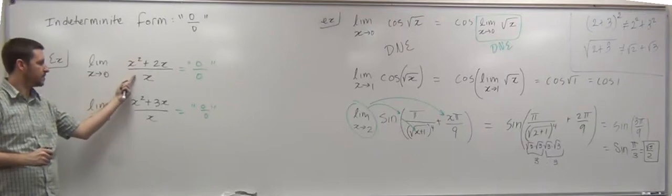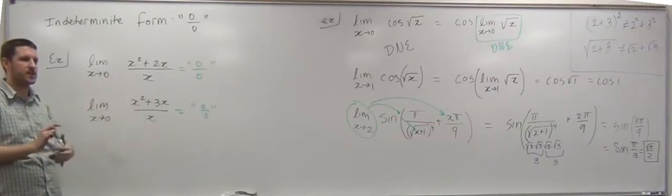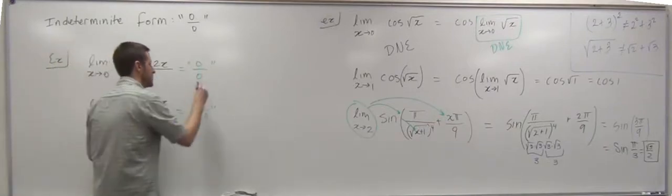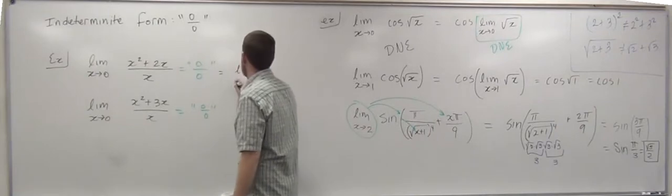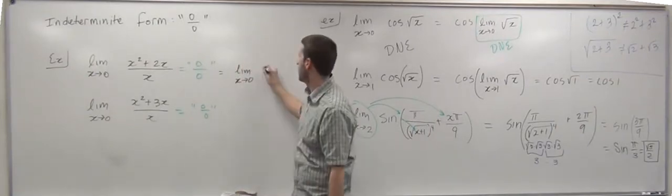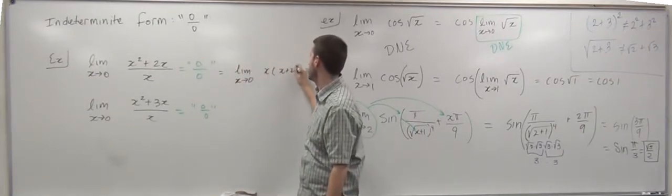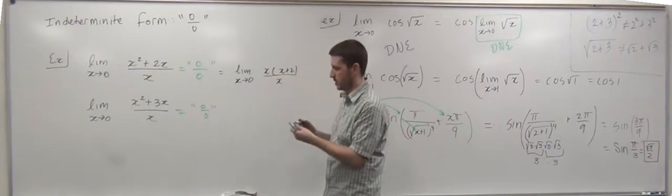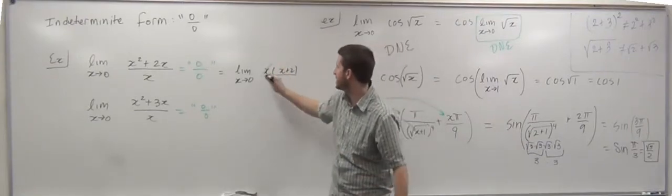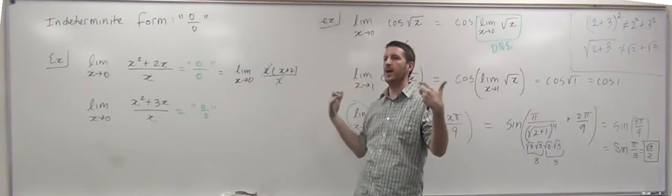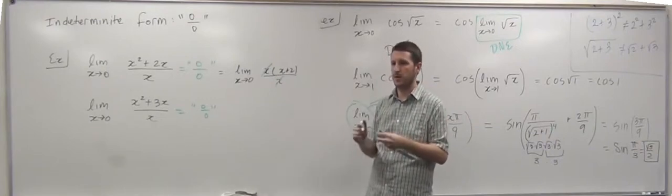Right? What's the limit on top? It's 2. Right? Because you can factor. This is equal to the limit as x goes to 0 of x times x plus 2 over x. Once you cancel your x's, then you can plug in the 0 because you don't have this indeterminate form.